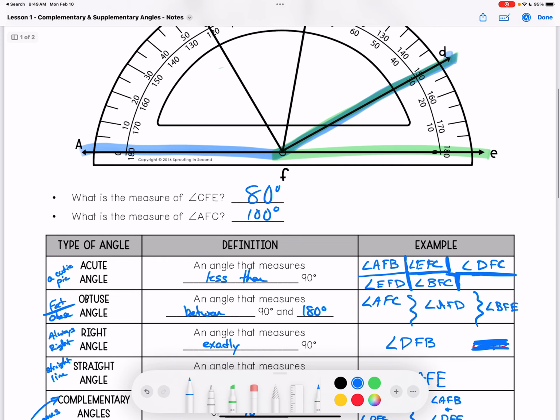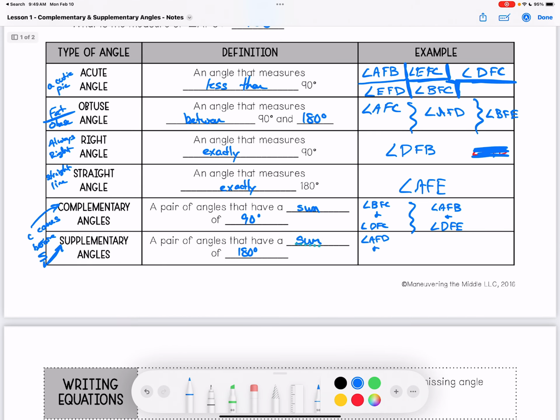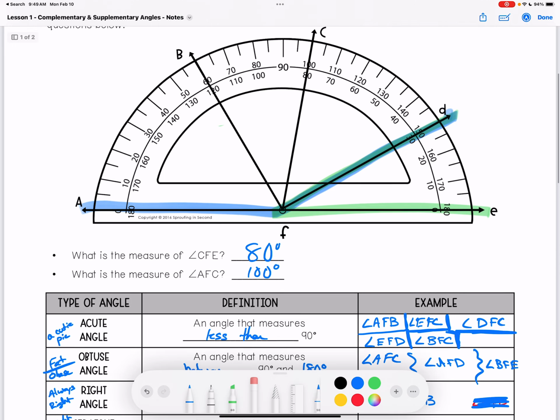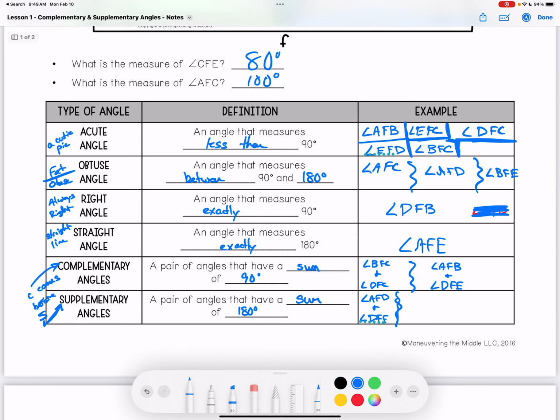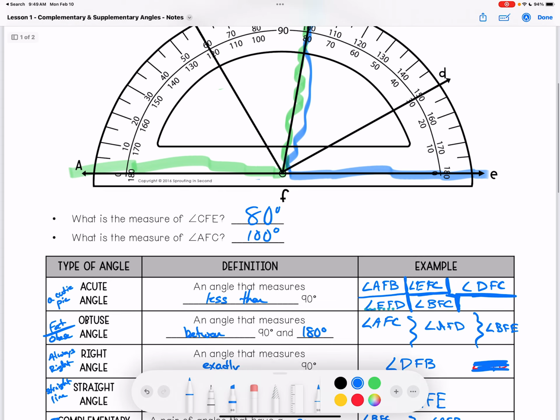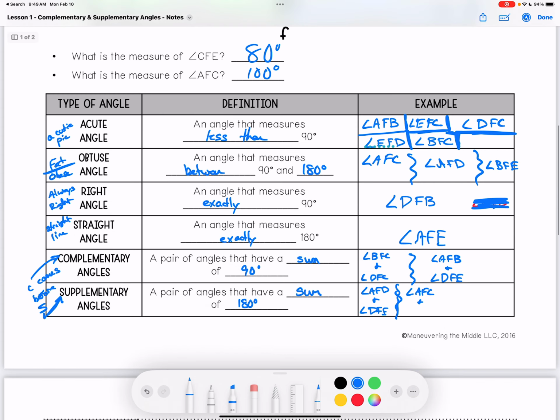Then what was the other one? D, F, E. I will zoom in so you can see all this. All right, the next one, we can go A, F, C again, and then C, F, E. So A, F, C and C, F, E.